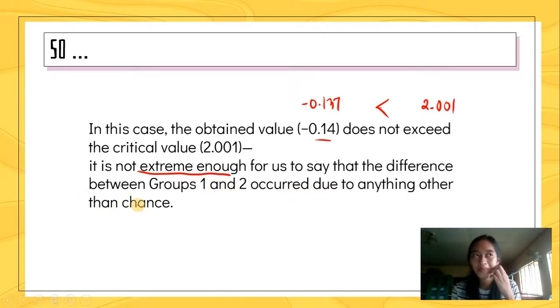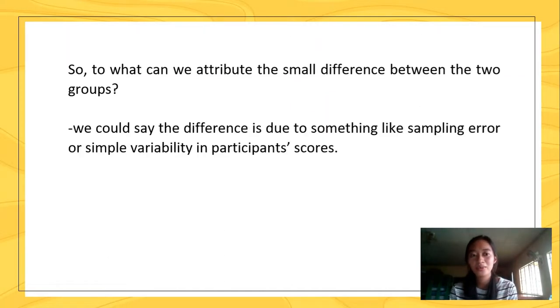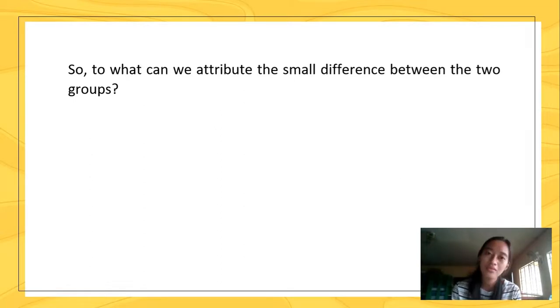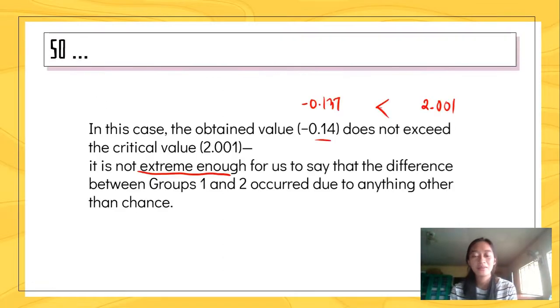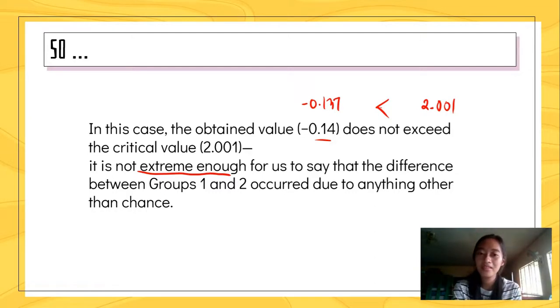Or maybe that could be some error for why there is a difference, but not other than that. So it is not because of the strategy, right? The teaching of the two groups: one group is visual, the other group is visual plus intense verbal rehearsal. So in this data, we do not have strong evidence to reject the null.